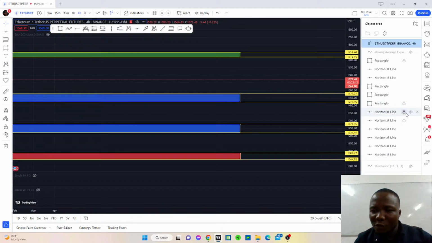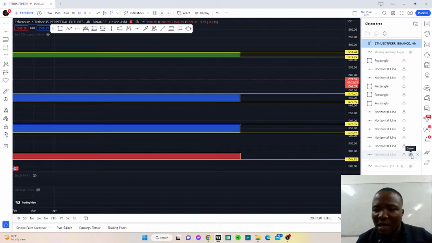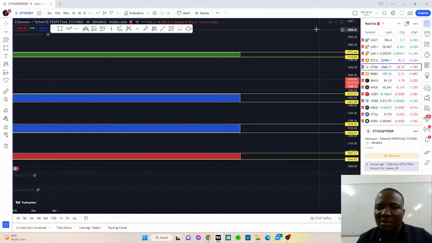Then you look for that line, you lock it here. Lock, lock, you lock all of them. You can see you can even hide them and unhide them. It depends on you. So I've locked my object tree.